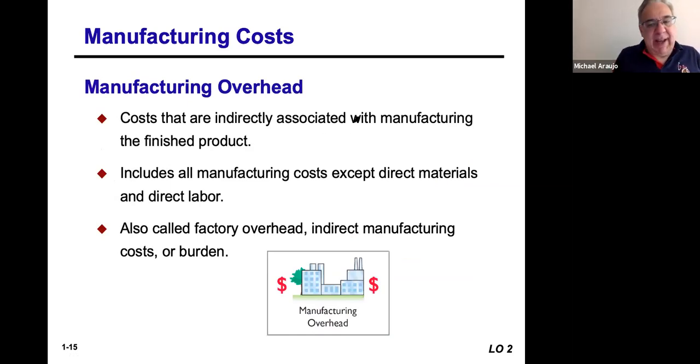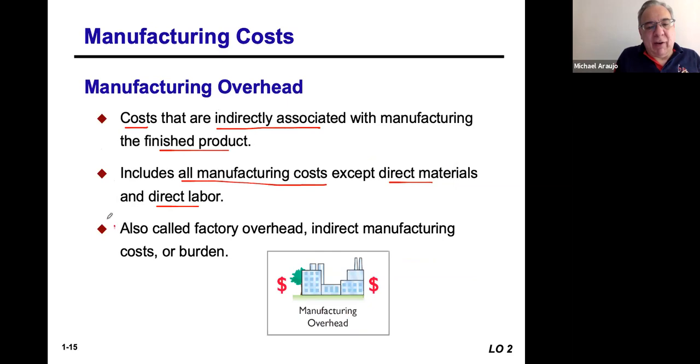Manufacturing overhead is basically all the other costs that are indirectly associated with actually creating a finished product, okay? So basically, that's all the different costs except the two others that we looked at, direct material and direct labor, okay?